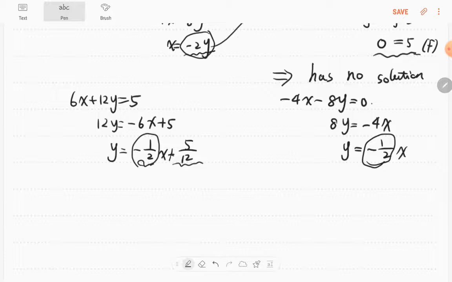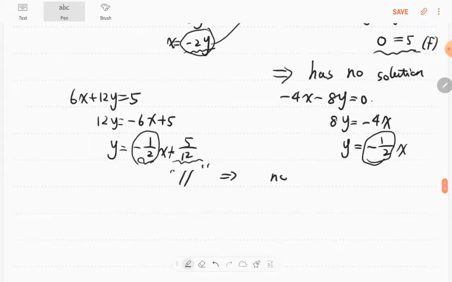So same slope, different intercepts. We know these two straight lines are parallel to each other. If they are parallel to each other, there are no intersection points. No intersection points. So we get the same conclusion.